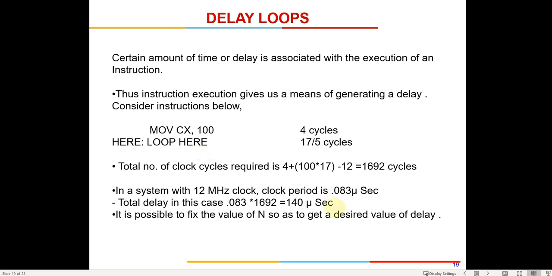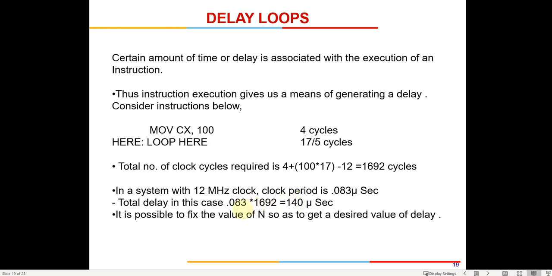Many times you might be asked, if the time period is mentioned, to calculate the value of n in this instruction. Say if I want a 1 millisecond delay, what should be the value of n?